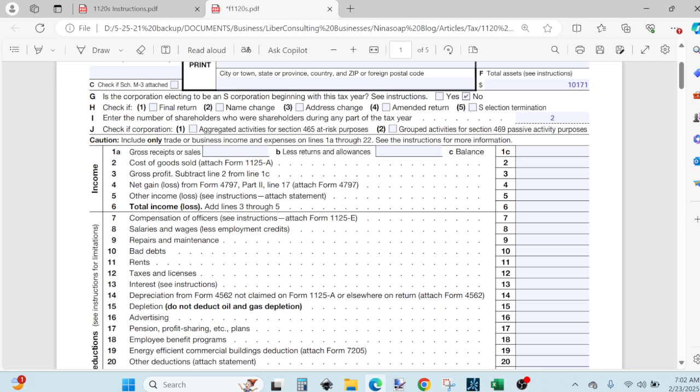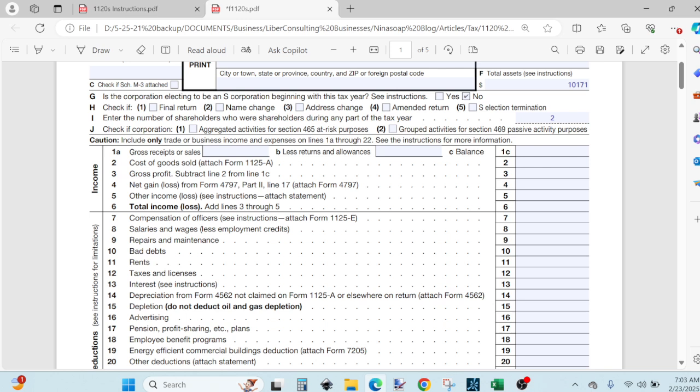So it's active. You are active in the business. If you are providing services and getting paid for your service, it will go on page 1. If you are making things to sell, it will go on page 1. So the revenue and the expenses.